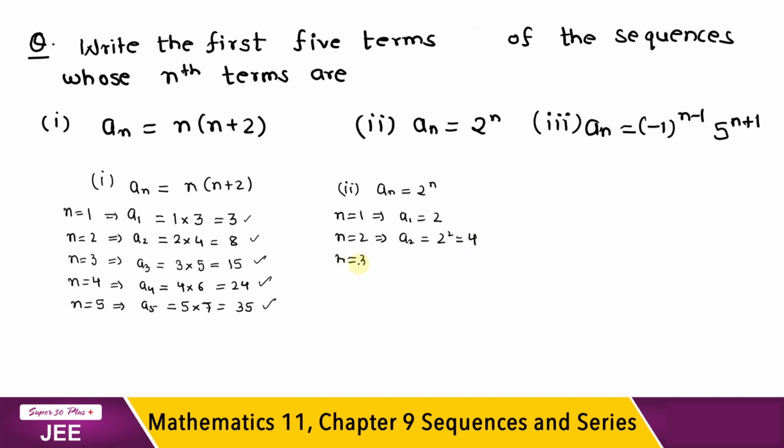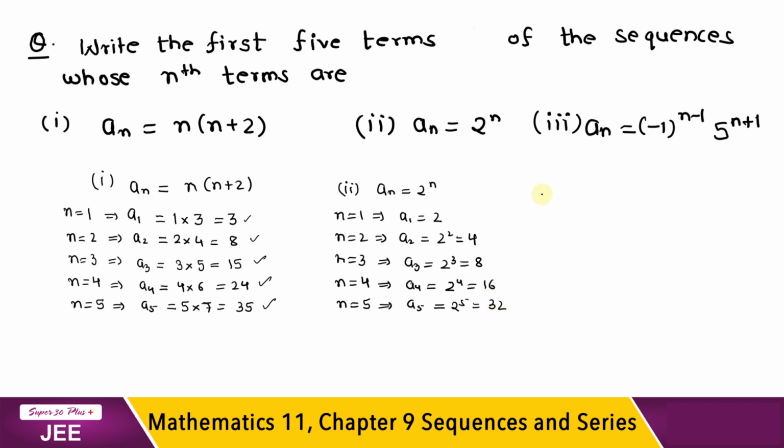When n equals to 3, we get third term as 2 cube, which is equal to 8. When n equals 4, we get fourth term 2 raised to the power 4, and this is 16. And the last term, that is the fifth term, is obtained by substituting n equals to 5, and this is equal to 32. So the terms of this sequence are going to be 2, 4, 8, 16 and 32.